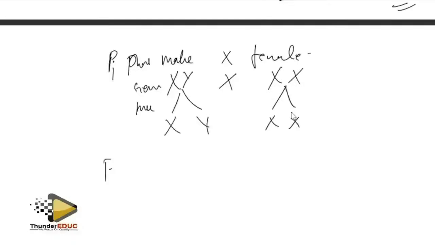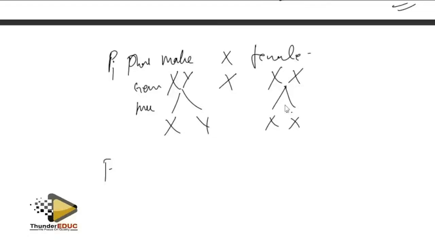I'm going to show you how to write it if they say use a genetic cross, and then also show you how to describe if they ask you to describe. Then these are gametes.